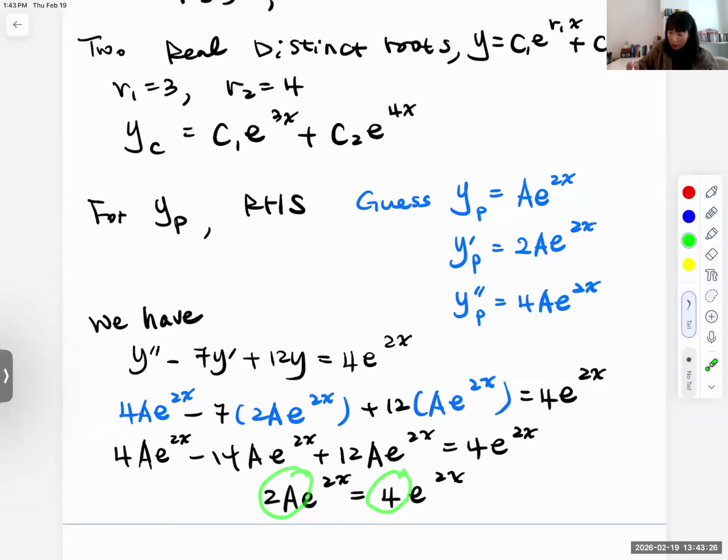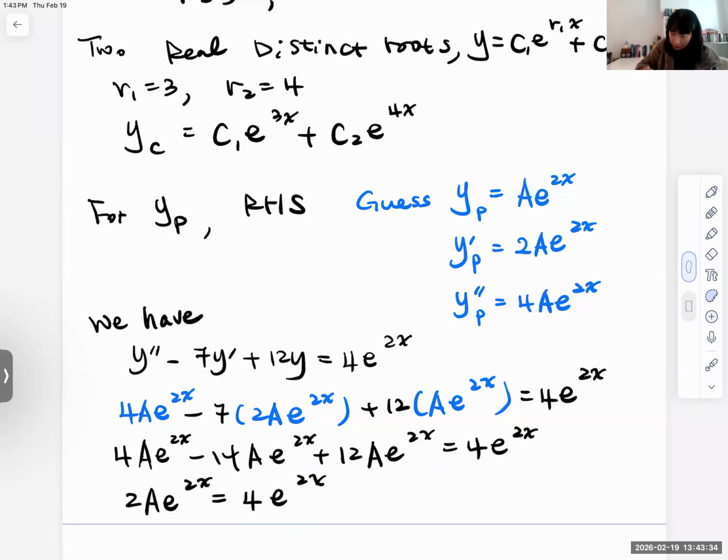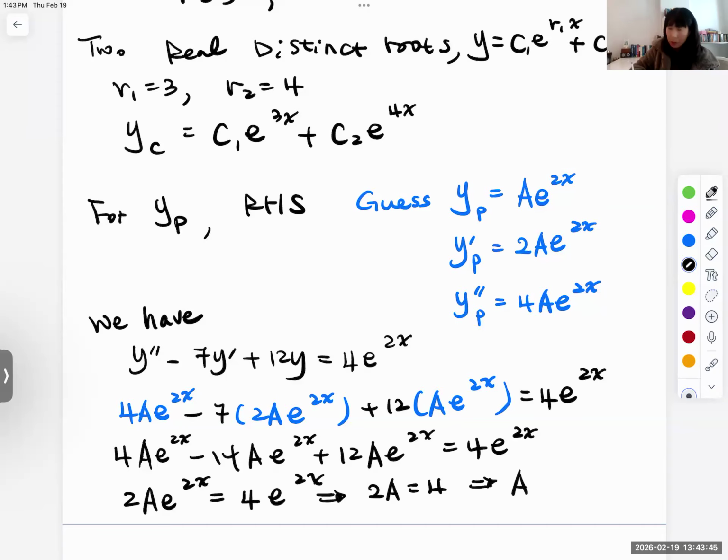Yeah, okay. So let me push a little bit left so I can use the space. So that will be 2a equal to 4. Then a will be what? a equal to 2. Yeah. Okay. Very good.